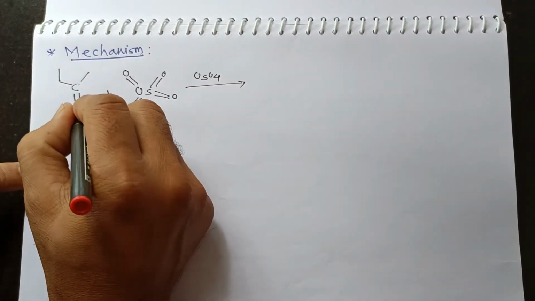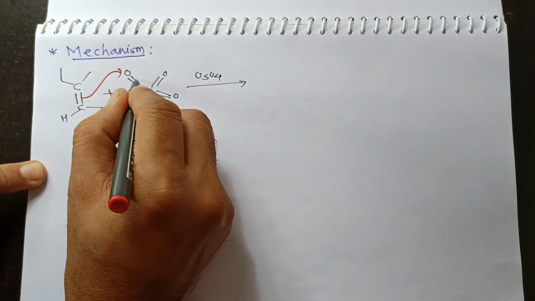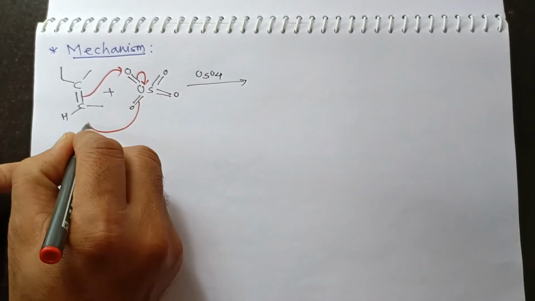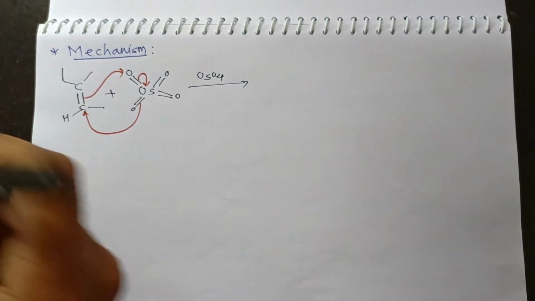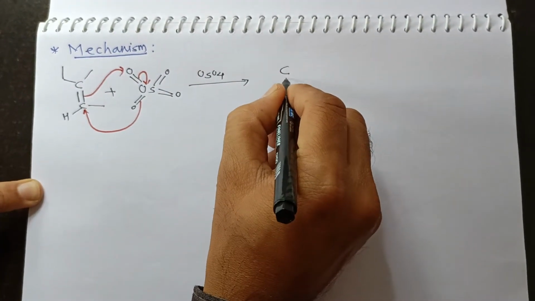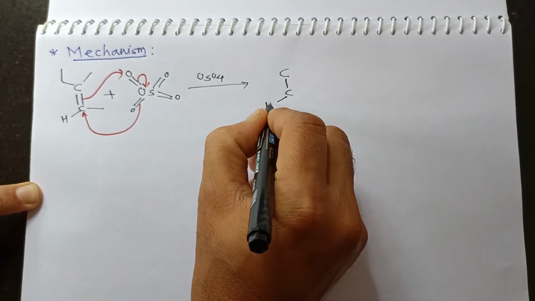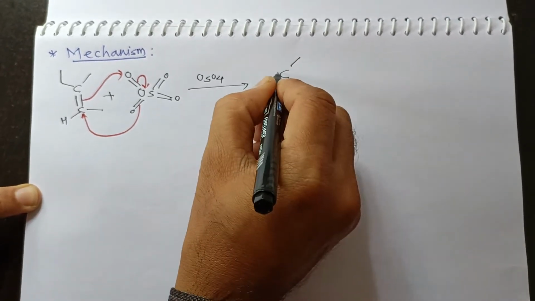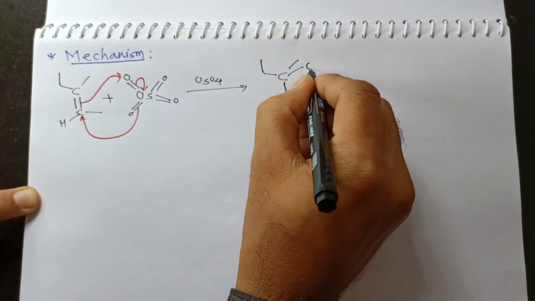This is a 3+2 cycloaddition reaction. There is formation of a cyclic osmate ester, like that.